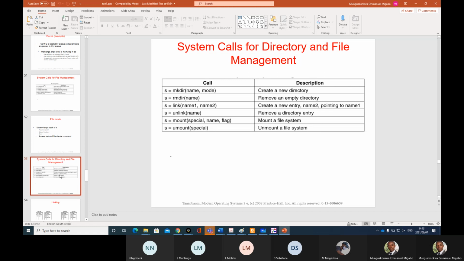For example, for someone to be able to read a USB, they must be on a given operating system. They must first mount it onto the local disk so that we can pull data from the USB onto the general memory of the computer and be able to read it. And once you're done using it, you unmount it.